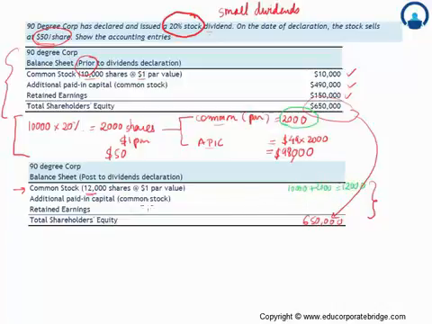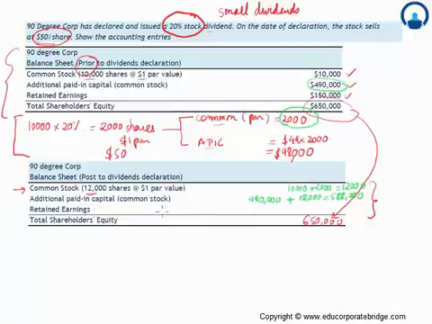Now what about the additional paid in capital? The original amount is 490,000, and the additional amount is 98,000. So this will come out to be 588,000.